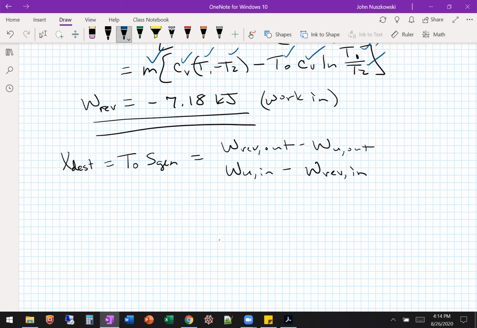We are solving for work reversible in, right? So we did this one. It's a work consuming device, so we would use this version if we're using it, right?